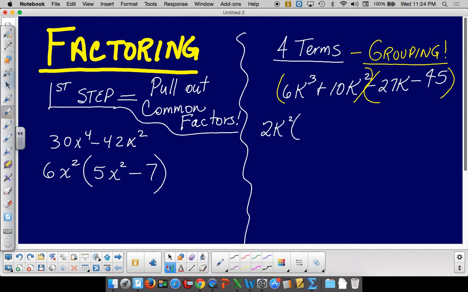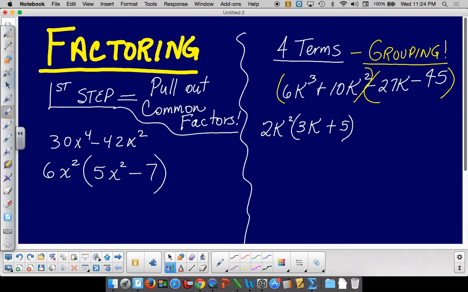Well, that would be a 3k left from the 6k cubed. If I take 2k squared out of 10k squared, I would have 5 left. The k squared has been pulled out. So I really have the quantity 3k plus 5. Now you go do the exact same thing on the second pair.